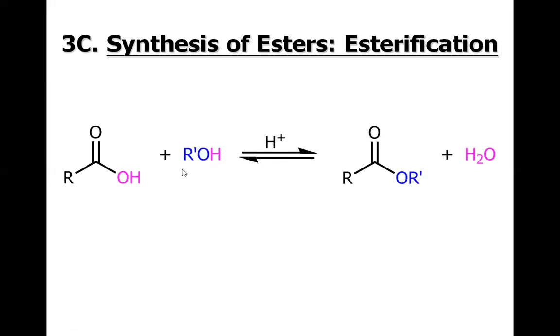Let's discuss more reactions of carboxylic acids, and this time we may make esters from carboxylic acids. Remember, the synthesis of ester is also called esterification. Here, when a carboxylic acid is treated with alcohol under acidic condition, we have the ester formed. The OH of the carboxylic acid is replaced with the OR of the alcohol, with water as the byproduct.